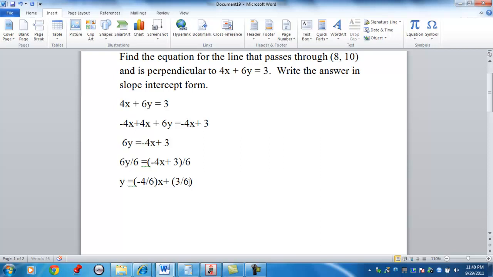Next, you can take both of these fractions and simplify them. The fraction 4 over 6, we can reduce to 2/3. And this fraction here we can reduce to 1/2.